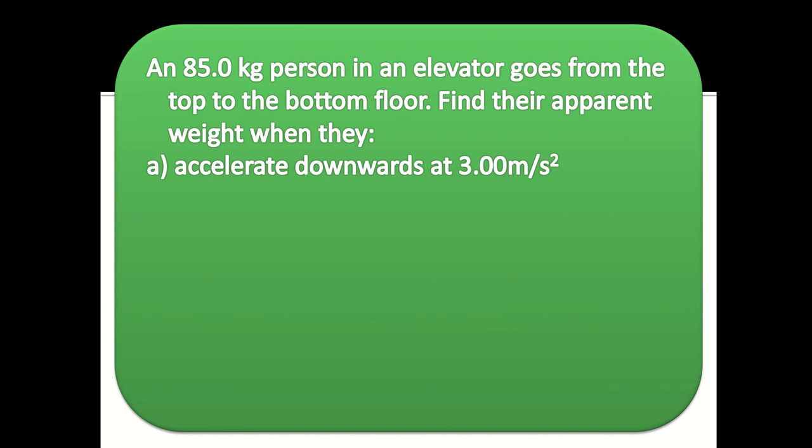So like I said, there's two ways you can deal with this. So for example, you're moving down and the acceleration is down, what you can do is choose the acceleration to be positive downwards. So when you draw your free body diagram, you can choose your positive to be down, because our acceleration here is positive.